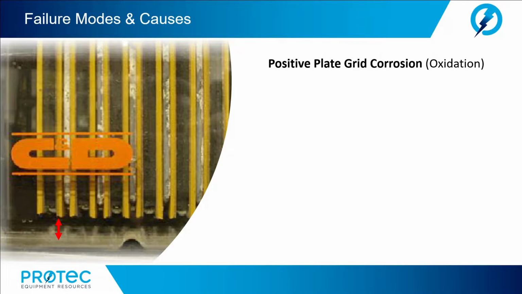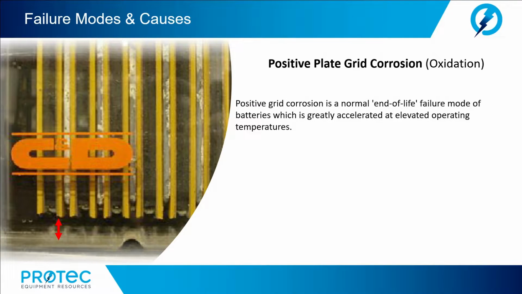of failures in batteries. Now, the operation of batteries at elevated temperature will result in increased positive plate grid corrosion or oxidation. And in extreme cases, it can bring about oxidation of the bus bars in the battery. Now, positive grid corrosion is a normal end-of-life failure mode of batteries, which is greatly accelerated at elevated operating temperatures.